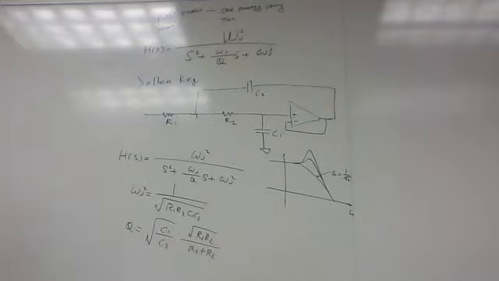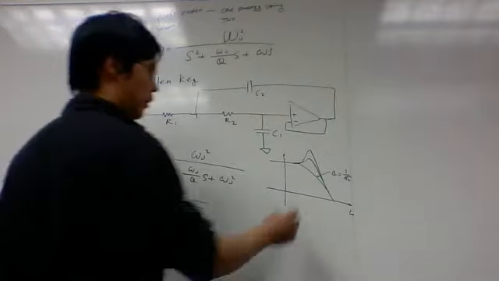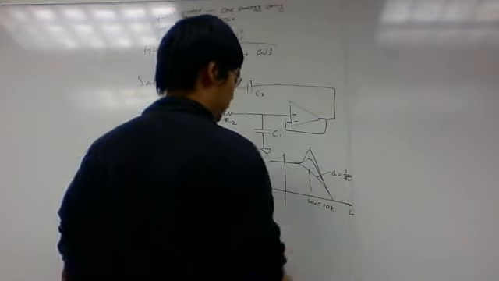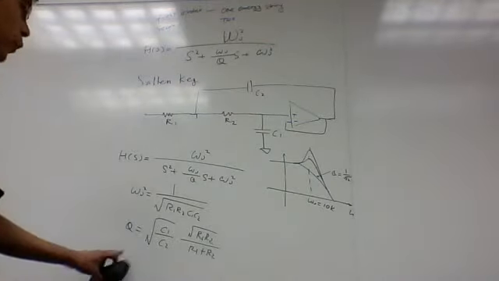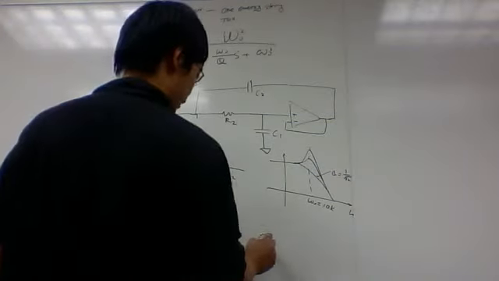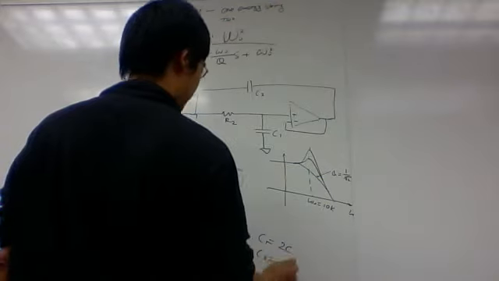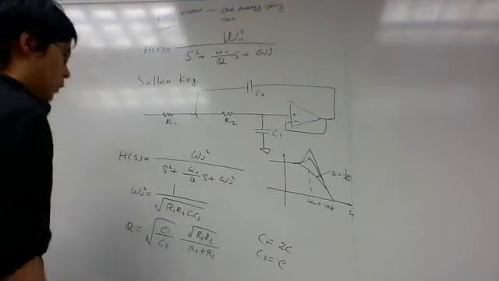what can you do? Let's say we're building an omega 0 of 10 kilohertz, right? Now what can you do? A unique choice will be C1 is 2C and C2 is C, right? So this is 2 times this one.